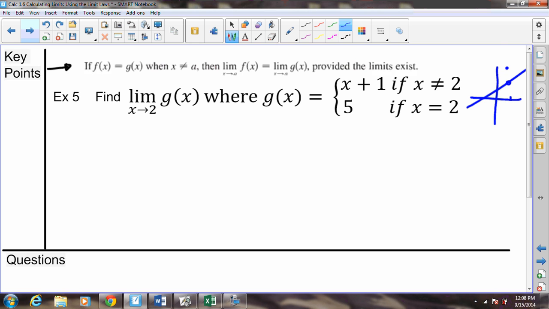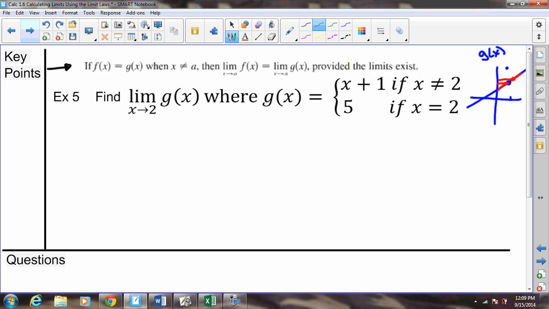This is our graph of g of x. Well, what's happening to the limit? Coming from the left-hand side, where is the height going? Coming from the right-hand side, where is the height going?